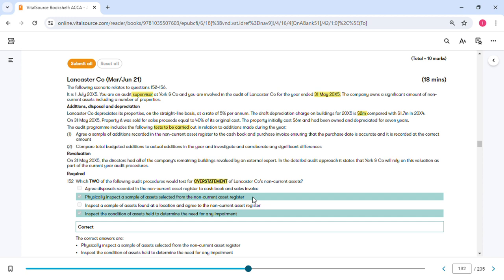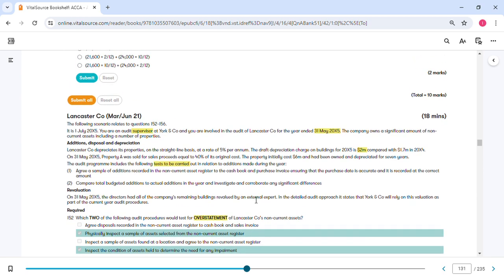The property initially cost how much? 6 million. Take into consideration 6 million into 40%, it comes to how much? Write down disposal proceeds.